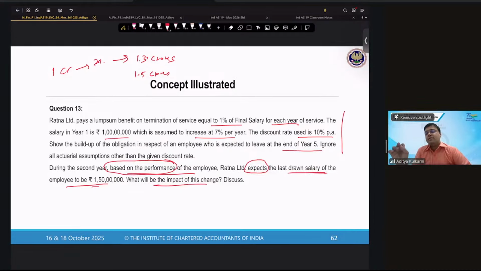Yes, it is a change in assumption. It is in fact a change in actuarial assumption. If you have doubt, I will show you something.